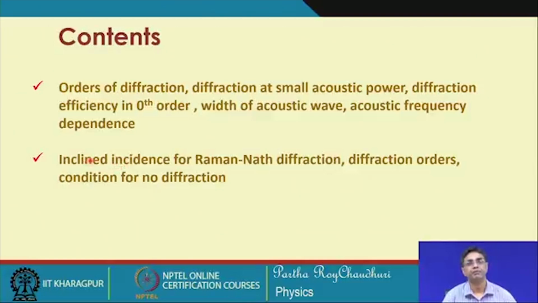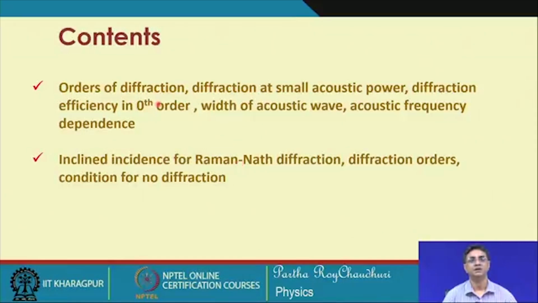Now, apart from that, there is one more thing that is very important, because in all practical situations, the light wave is not incident exactly normally onto the acoustic wave, but could be deliberately incident obliquely with some inclination.